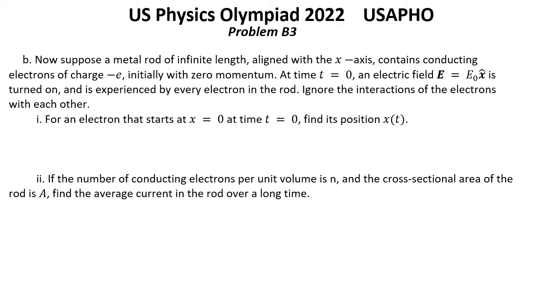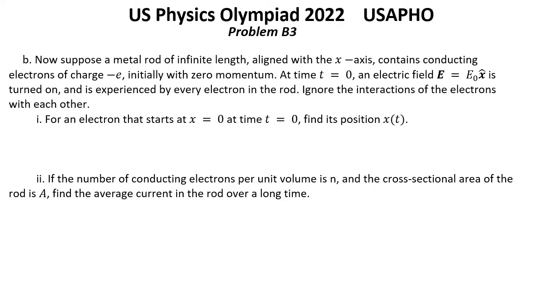At time t equal 0, an electric field E equal E0 multiplied by unit vector x is turned on and is experienced by every electron in the rod. Ignore the interactions of the electrons with each other. First, for an electron that starts at x equals 0 at time t equals 0, find its position x as a function of time t.